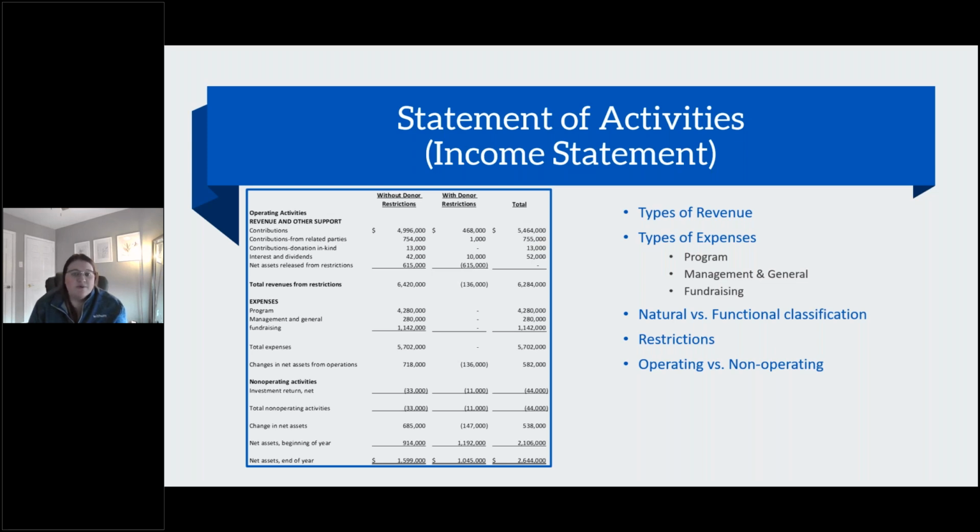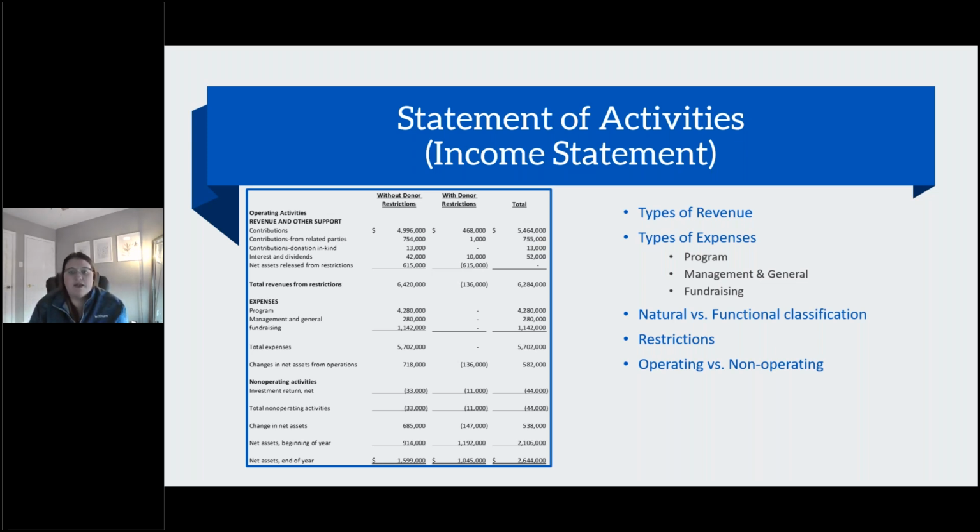So your program expenses will be expenses where your dollars were spent directly or indirectly on your mission. So any dollar that is being spent to really do whatever it is that you set out to do as an organization, that would fall into this bucket.